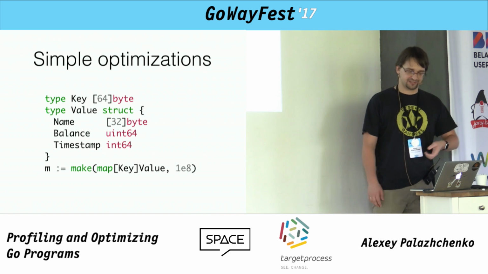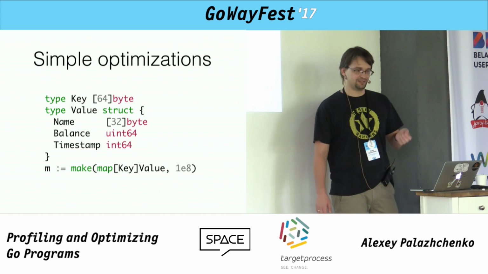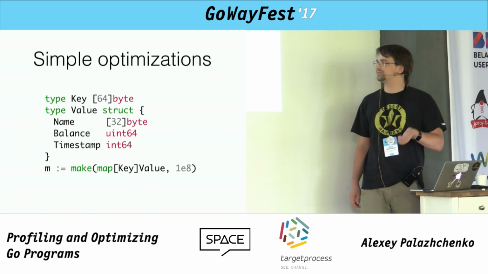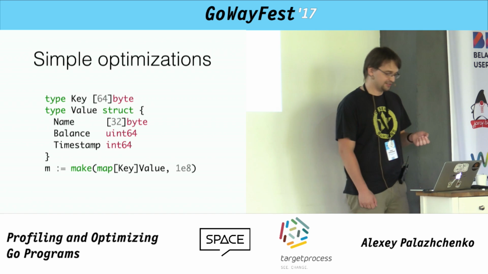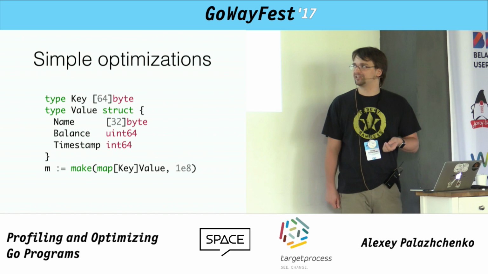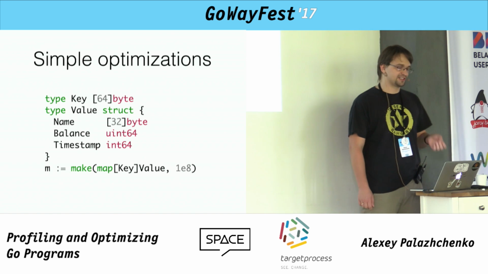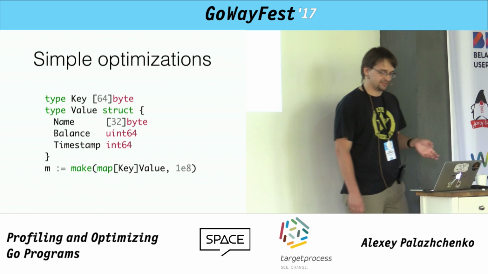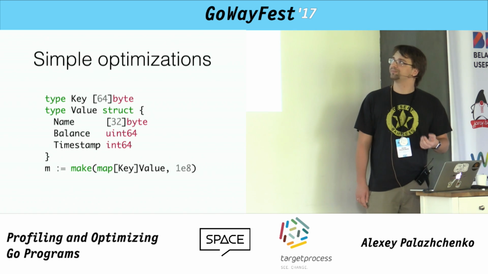Because the compiler knows that there are no pointers here, it will not try to check all the pointers to mark what should be removed and try to remove it. So it is possible to make a very effective cache that way. But if you add some string here, you will get completely different performance characteristics. So that's why we use an array.